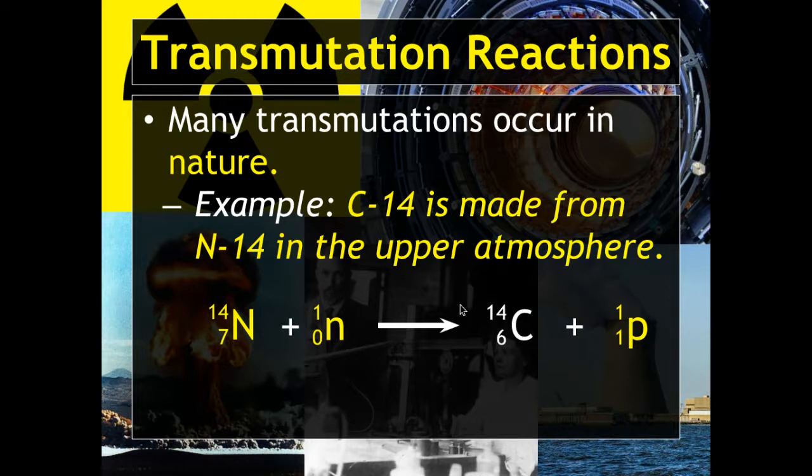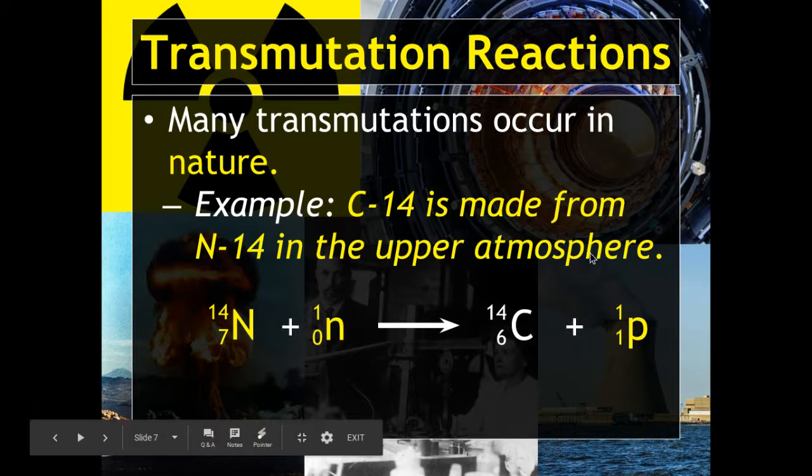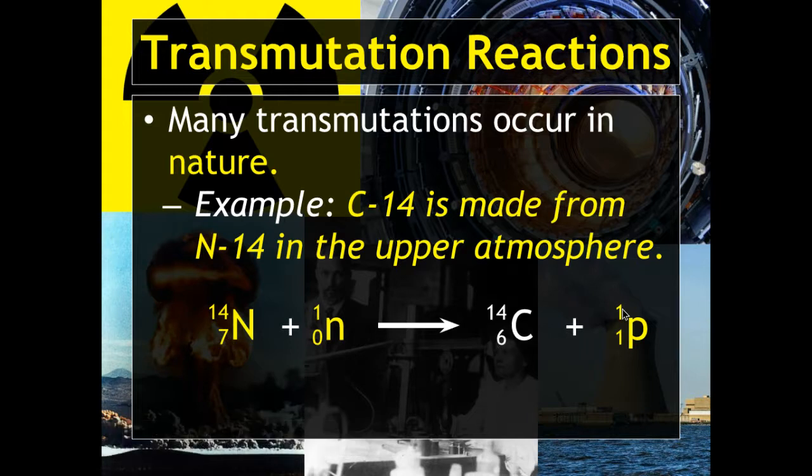They have the same mass, but one of those neutrons could have been a proton, which it was. So now, instead of atomic number 7, you have atomic number 6. And a proton.